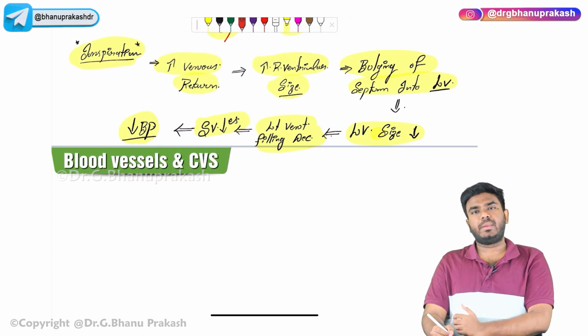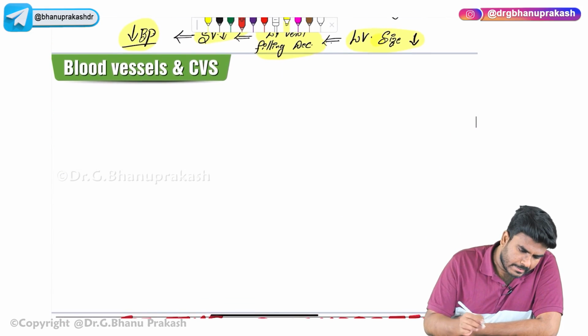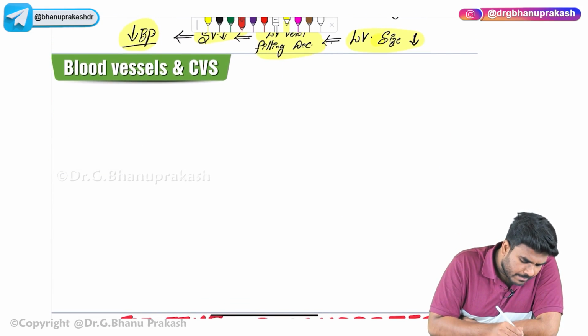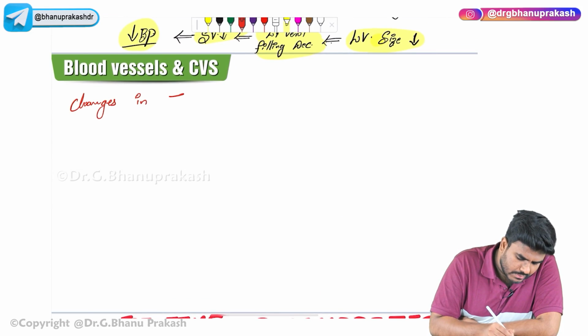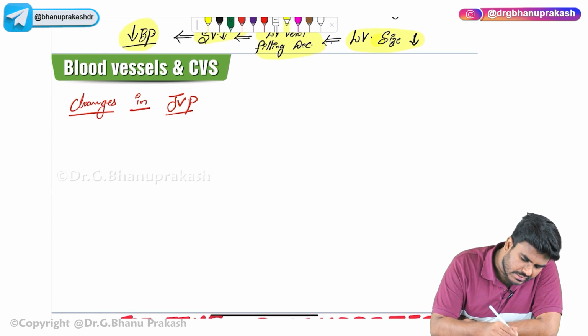What else can be seen in a patient who has pericardial tamponade is changes in jugular venous pressure tracings. Okay, in the jugular venous pressure tracing, there are some changes. What are these changes that are seen?